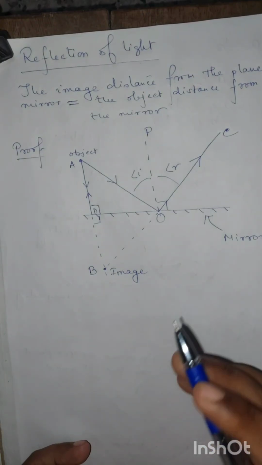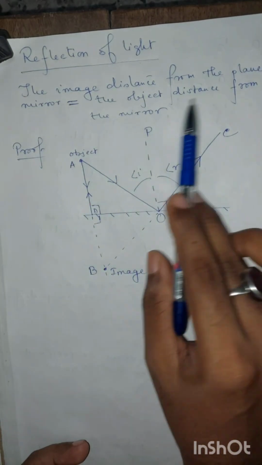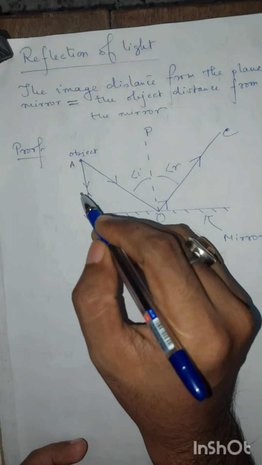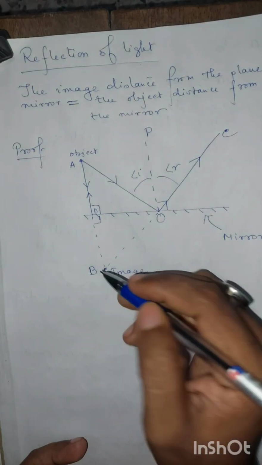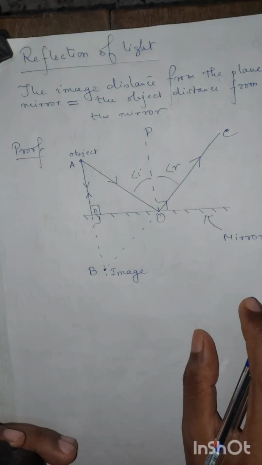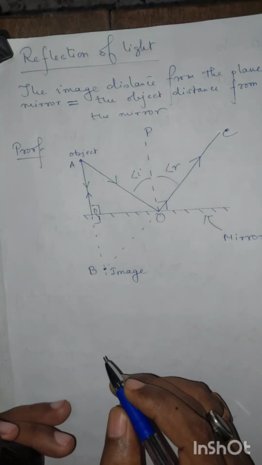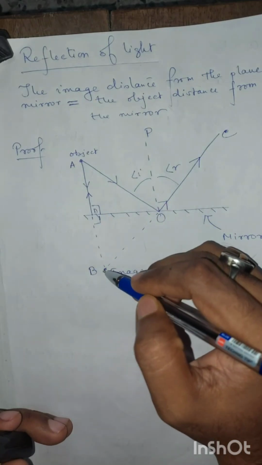So we are trying to prove the image distance from the plane mirror is equal to the object distance from the mirror. That means we are actually trying to prove that AD should be equal to DB.